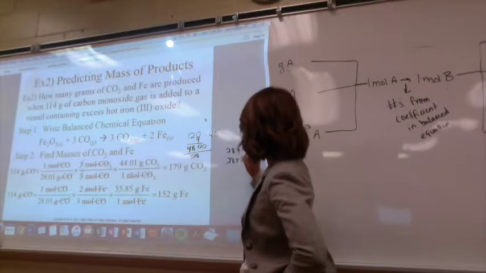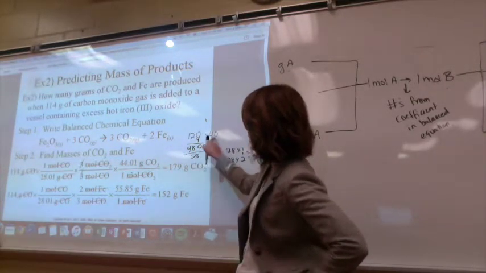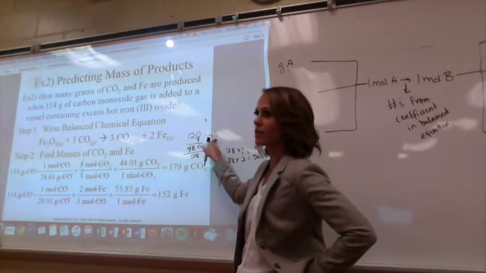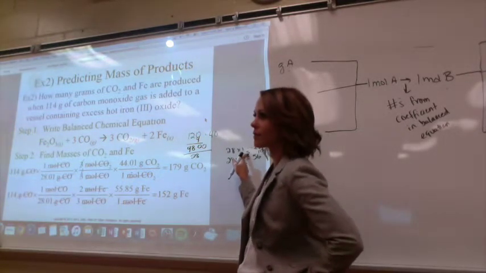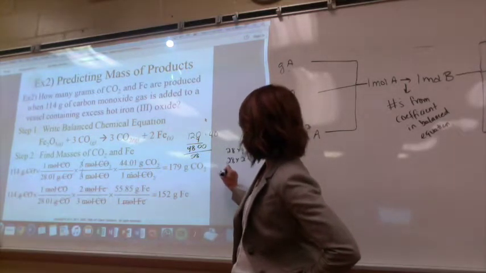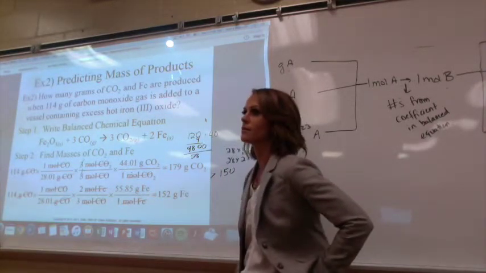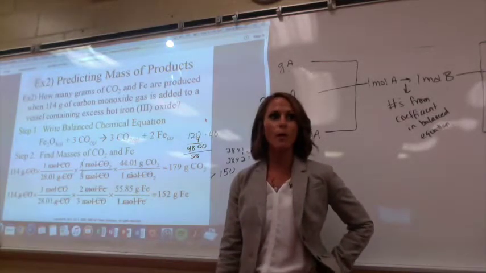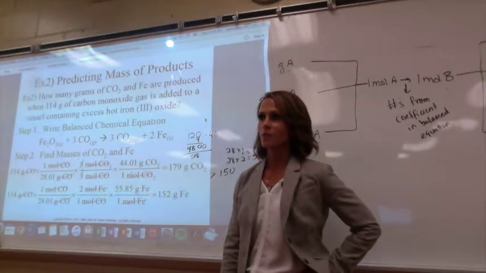So I would estimate that my answer is probably somewhere around 1.5-ish, but recognizing early on that I rounded down here, right? I took 44 and I rounded it down. Do you see that? So my answer is probably a little bit higher than 1.5. So if I did 1.5 into that, then my answer would have to be about, it would be greater than 150. And it's 179. Remember, I'm not getting exact answers. I'm looking for ballparks. And I'm trying to do as little math as possible to get there. Questions on that?